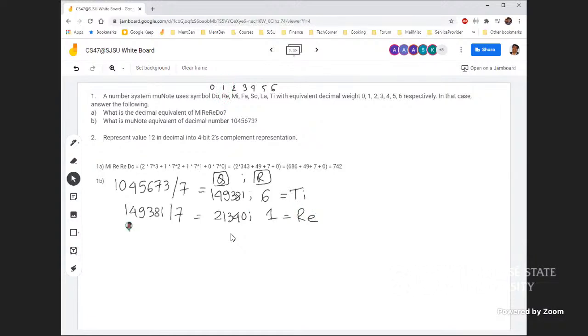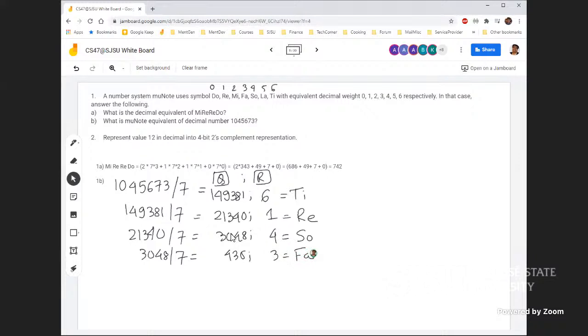Then you keep on repeating the same process, and this will give 3048 with remainder of 4, which is So. And then 3048 divided by 7 gives 435 as a quotient and remainder 3, which is Fa.